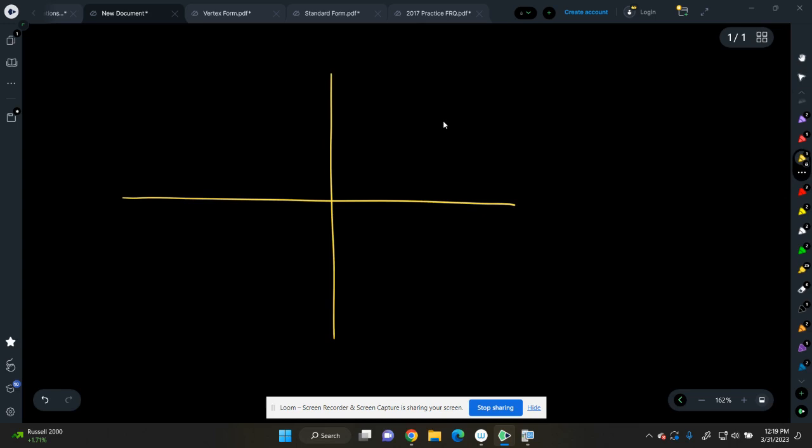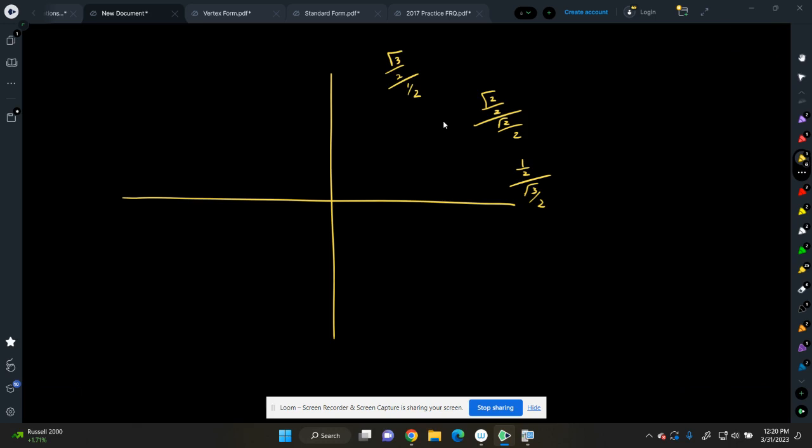All right, so right here at 30 degrees, we're looking at y over x, so that's 1/2 over square root of 3 over 2. At 45 degrees, we've got square root of 2 over 2 over square root of 2 over 2. At 60 degrees, we're going to have y over x, so square root of 3 over 2 over 1/2. Okay, so if we wanted to figure out the tangent at those values, that's what we'd be looking at.